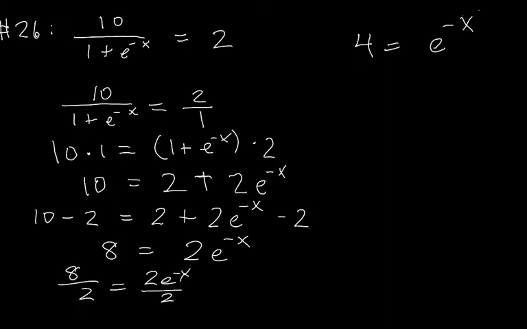Now we've isolated the exponential term, so we can take a log of both sides. But since we have base e, we take log base e. But we don't write log base e, right? This is kind of not normal for us. Instead, we want to write the natural log.